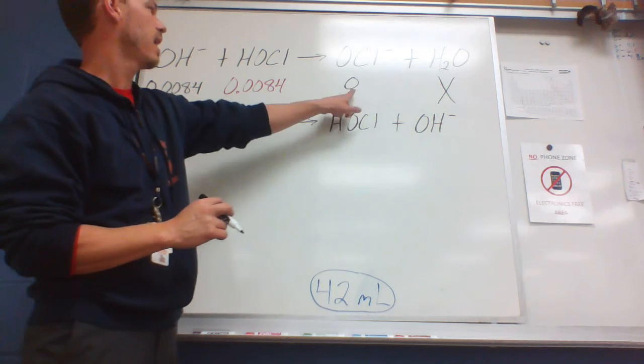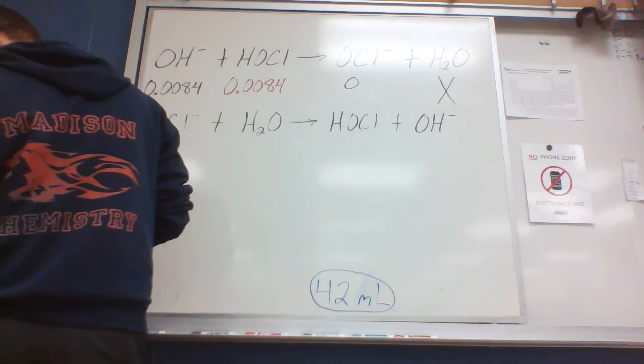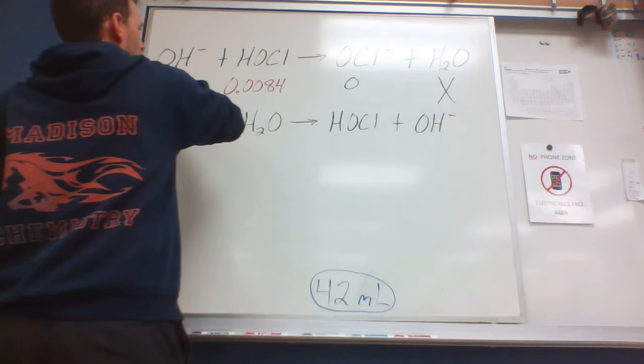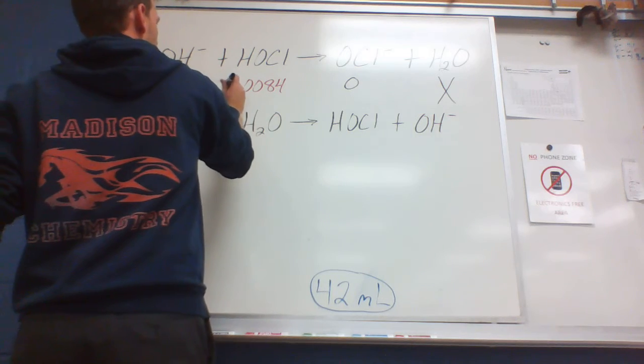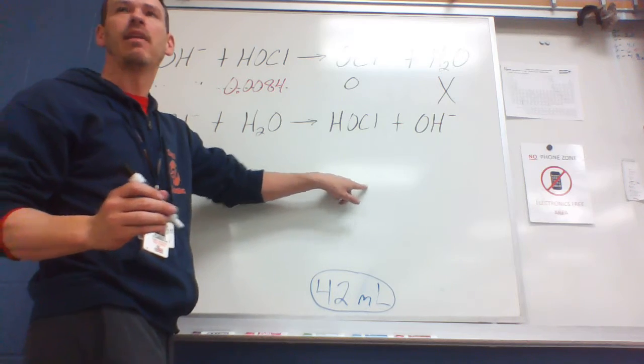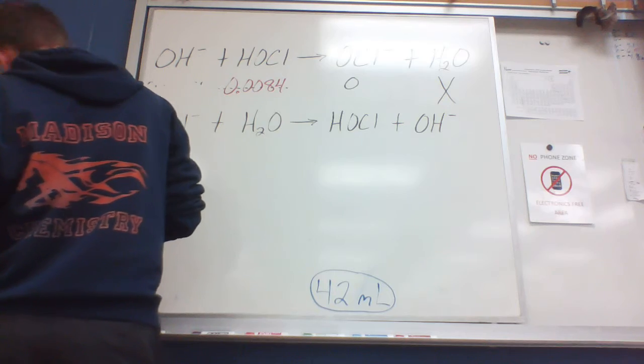Oh, dang it, I erased that number. I needed that number. Isn't it the same? 0.042? No, because we got rid of this. This right here doesn't exist. It's the OCl concentration that was added. Oh no, it was that number, 0.0084, right? Yeah. Oh, I see what the problem is.